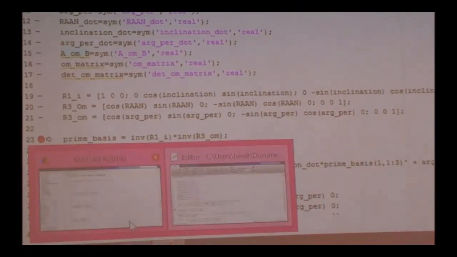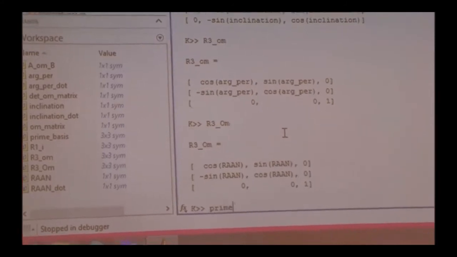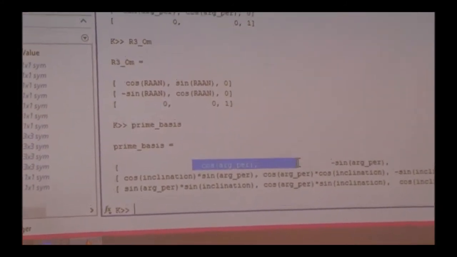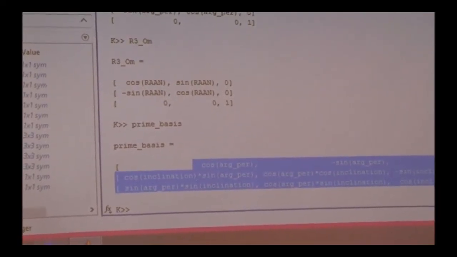Now this prime basis is what? This is the matrix that goes in front of the x third, y third, z third. Each row of these tells you how the x prime, y prime, z prime project into x third, y third, and z third.